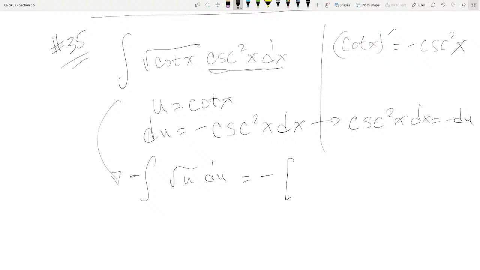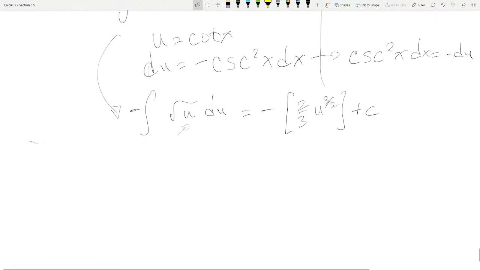So I have minus. Remember, in previous videos, I implored you or suggested that you have this one memorized. You don't want to have to redo it every single time. It's 2/3 u to the 3/2 plus c. I will redo it for you every time, but for your own fluency, it's better. Remember that square root of u is u to the 1/2.